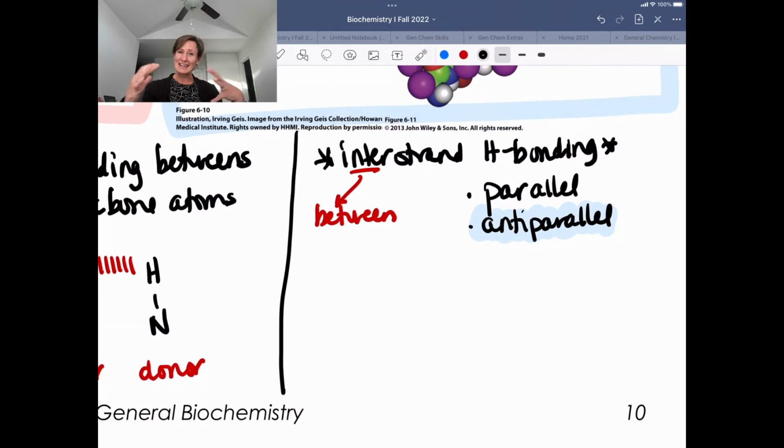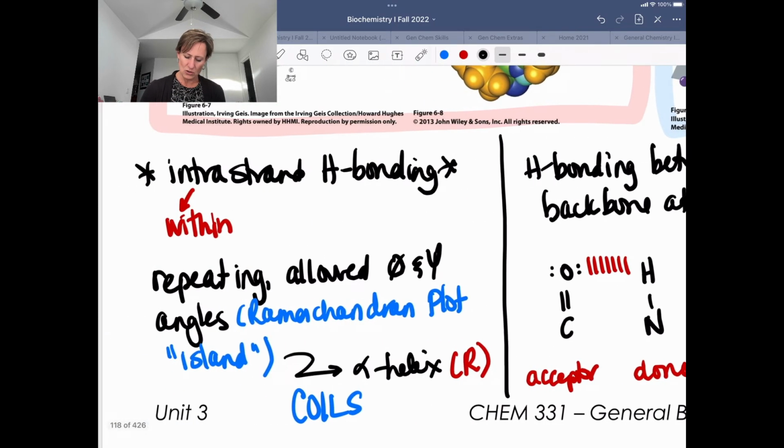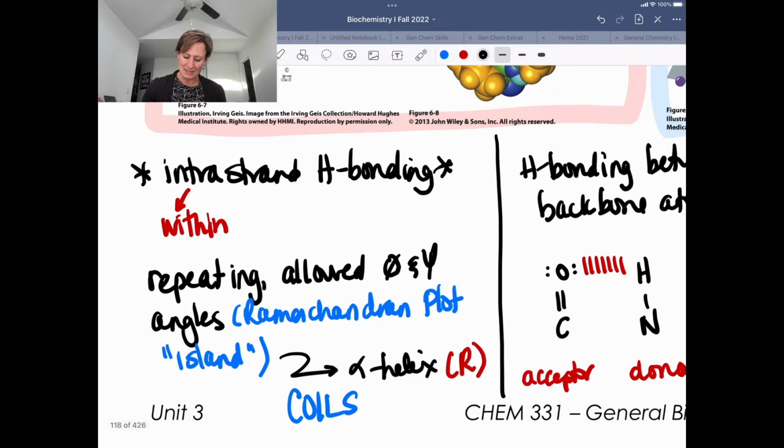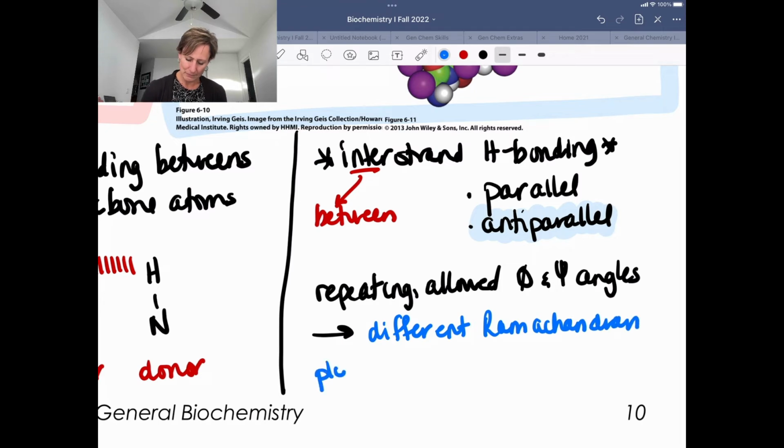But what we're going to see down below this is a common theme. We are going to have repeating allowed phi and psi angles that are going to create, again, what we had over here, a Ramachandran plot island, okay? So that's going to create a different Ramachandran plot island because those angles are different.